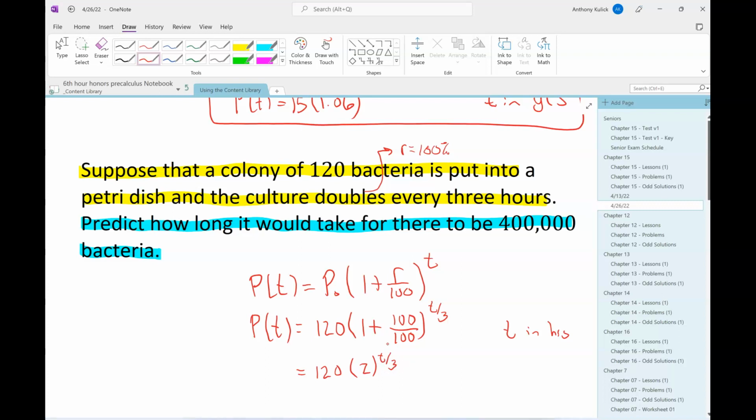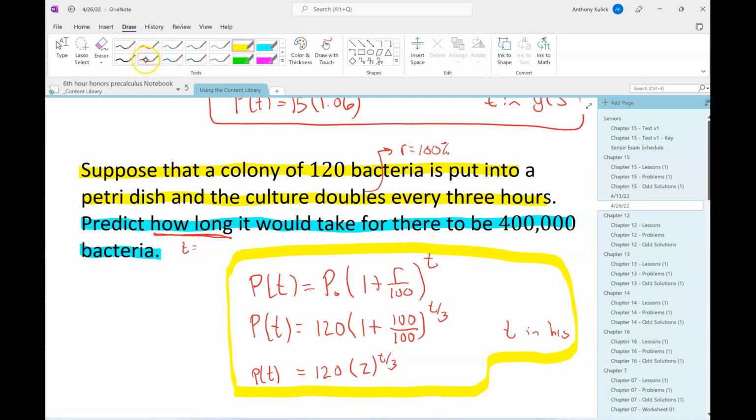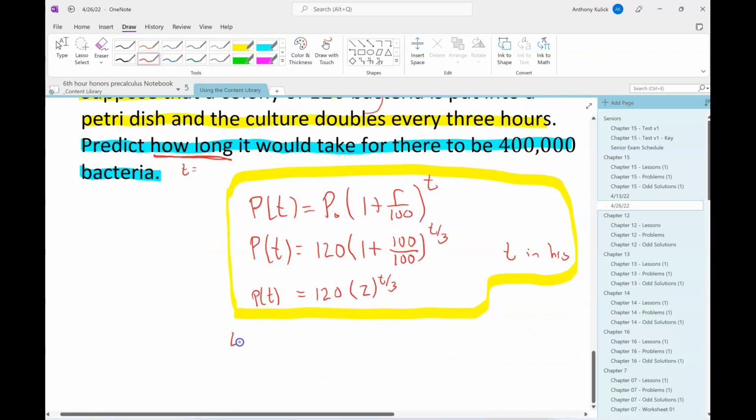Okay. To do the blue piece, we're going to be asking how long. So what are we solving for here? Okay, we're solving for T. So we need to then plug in a value for P of T, which should be 400,000.